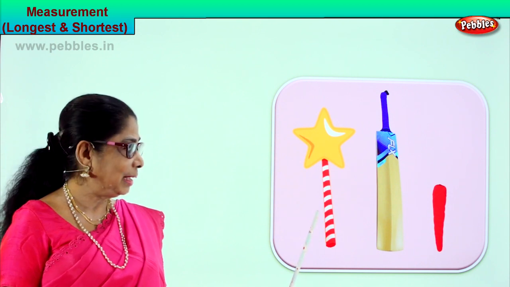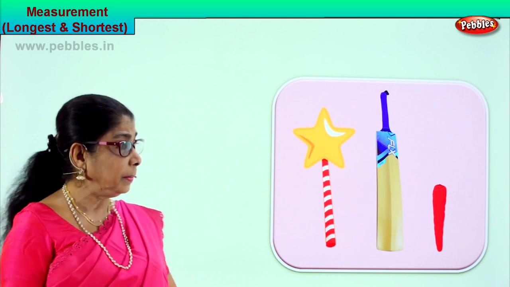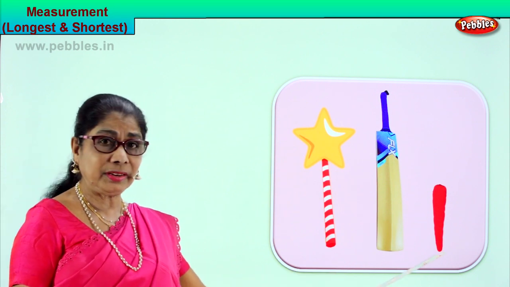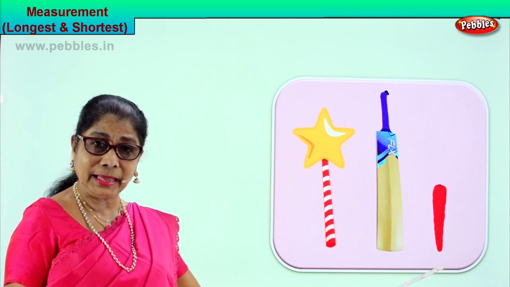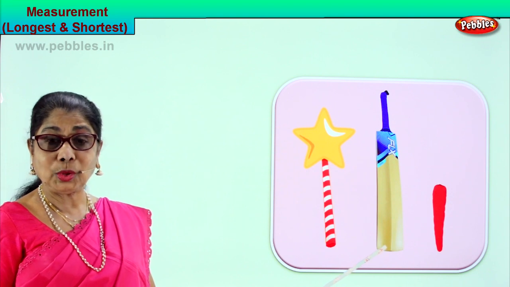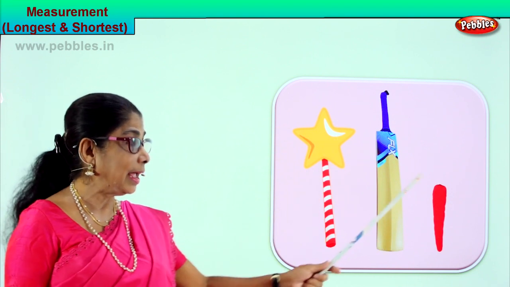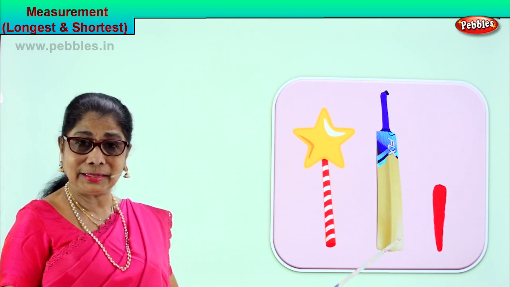Yes, the magic wand. Which is the shortest item here? Definitely the carrot. Carrot is the shortest item of the three and the cricket bat is the longest item. We are learning longest and shortest. This is the shortest item. This is the longest item.